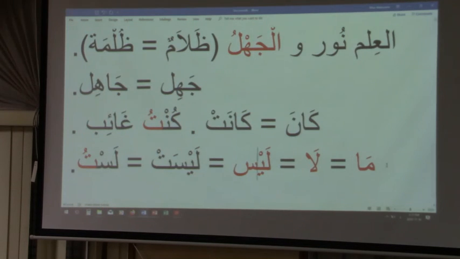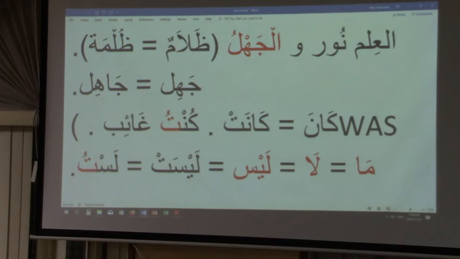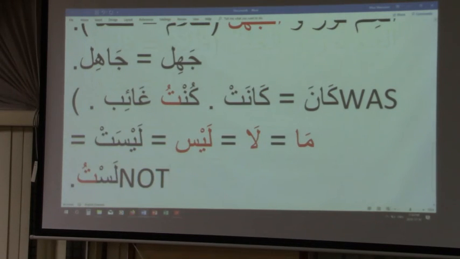What is not? لا and ليس. Question: what is the difference between ليس and ليست? Masculine and feminine. ليس is masculine, ليست is feminine. What does لست mean? I am not. ألست. What does that mean?